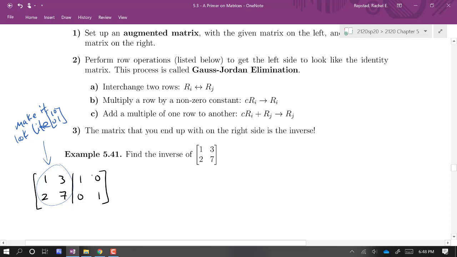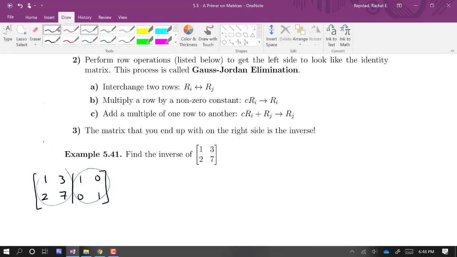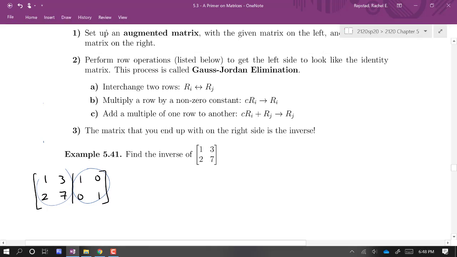And once we've done that, then what we end up with on the right side is the inverse matrix. So that's the idea. When we go through this process, we want it to look like 1, 0, 0, 1, and we have to do so in a particular order.